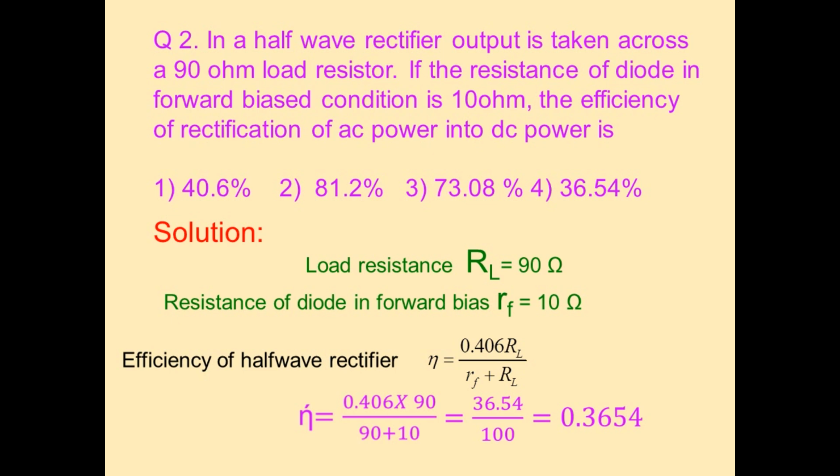This is the case of half wave rectifier, and load resistance is given as 90 ohm, RL equal to 90 ohm. The resistance of the diode in forward biased condition is denoted by RF, equal to 10 ohm.